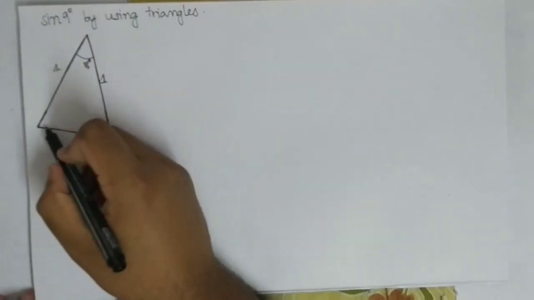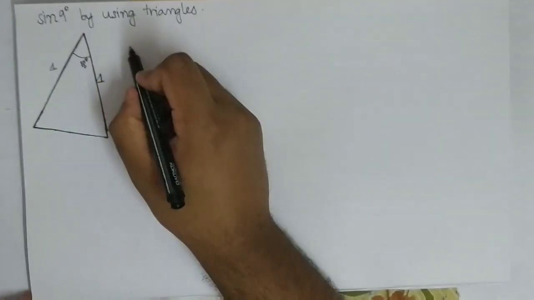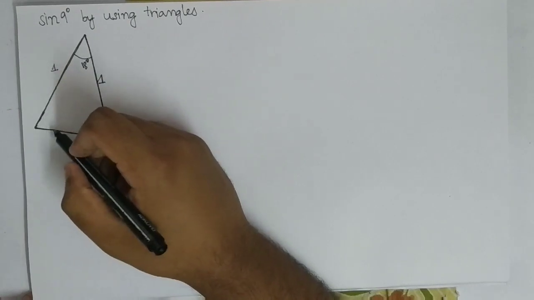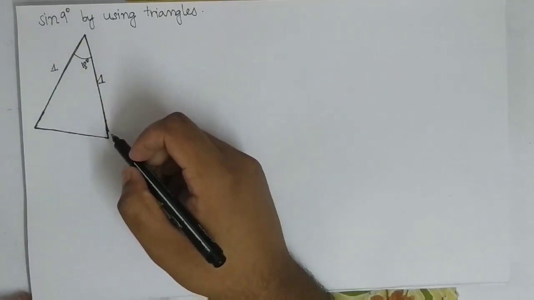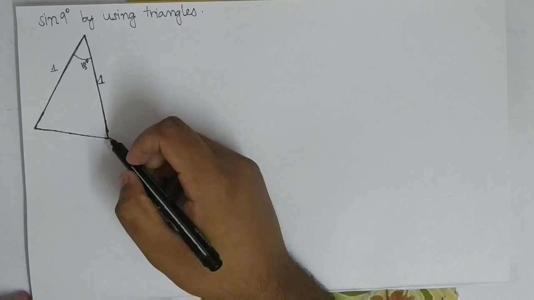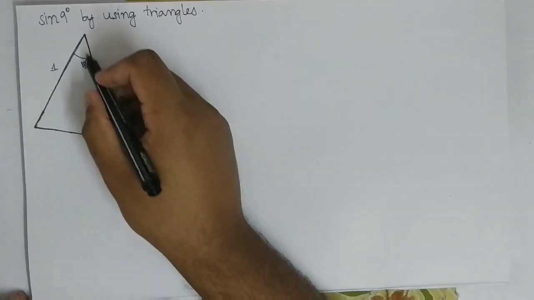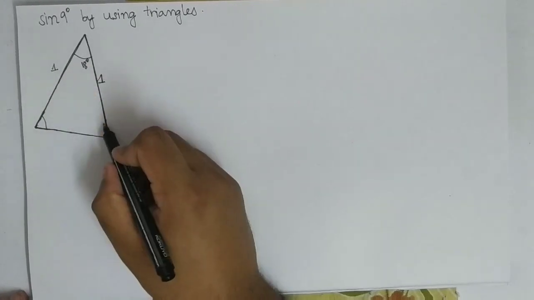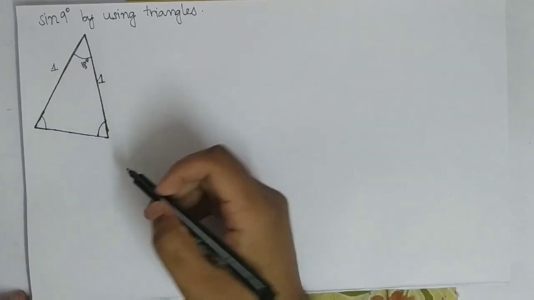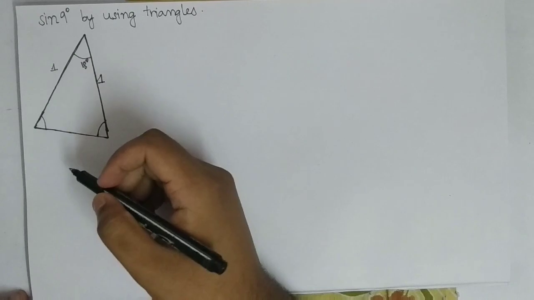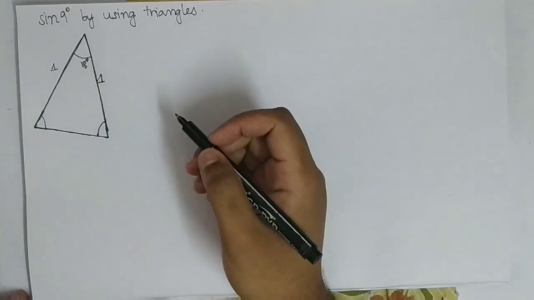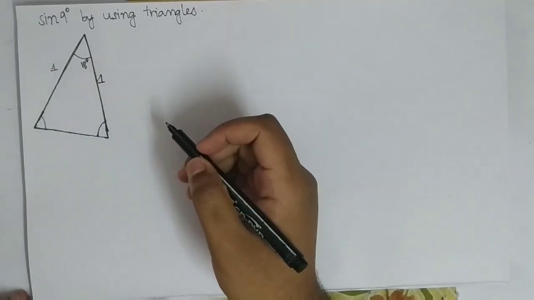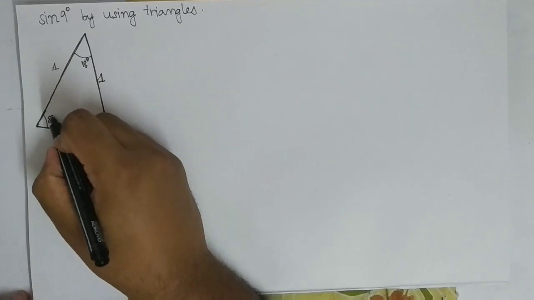So as a result, the remainder of the angle will be 180 degree minus 18 degree, which is equals 162 degrees. And since both the sides are equal, these two angles will also have the same value, and their value will be given by 162 divided by 2 degrees, that is 81 degrees each.